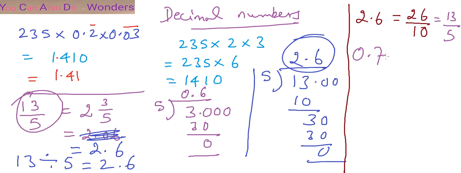Similarly 0.7. If we remove the decimal point, it becomes 7, and with one decimal place the denominator is 10, 1 followed by one zero, so 7 by 10. Then 0.07. Again, if the decimal point is removed, the value is 7, which becomes the numerator. Since it has two decimal places, the denominator will be 1 followed by 2 zeros, that means 7 by 100, and so on.